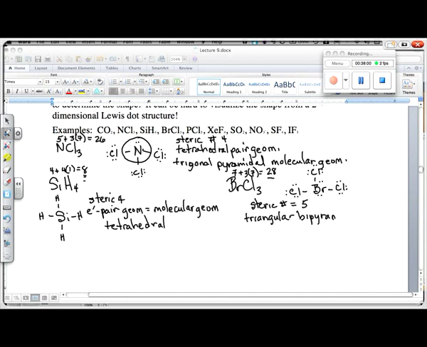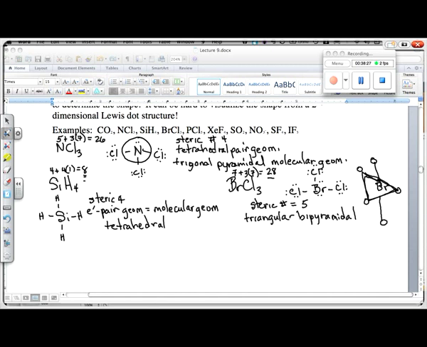The best way to think about this shape is this way. In the middle, here's your bromine. Around the central atom there is a flat triangle, a plane that is triangular shaped, and that's where 3 of the things are. There's another one above the plane of the triangle and another one below.